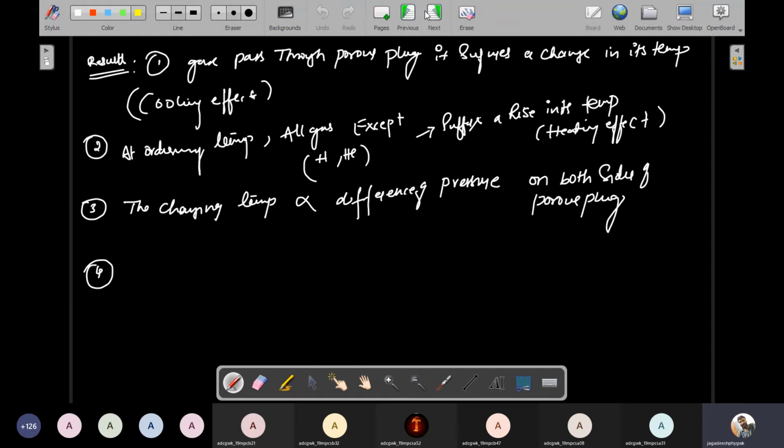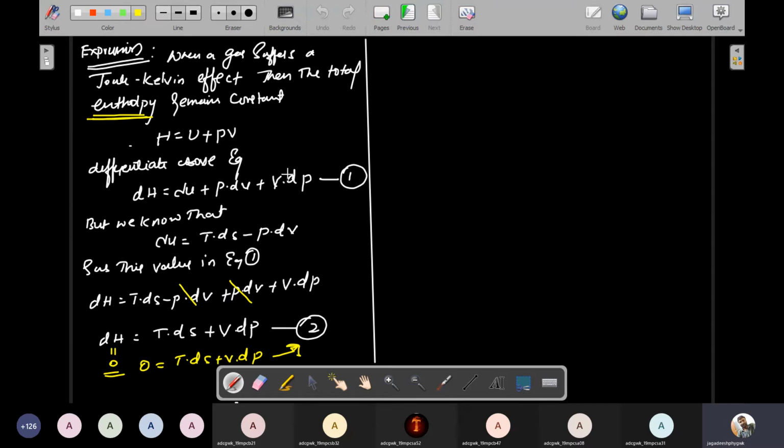So we already have the first equation and the second equation.